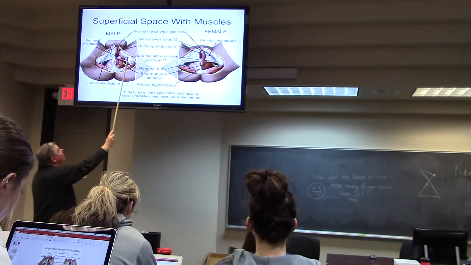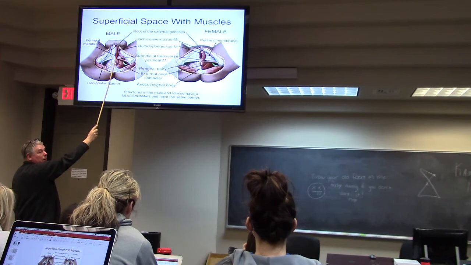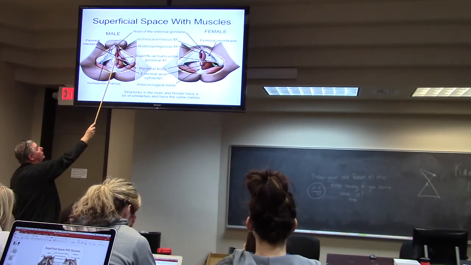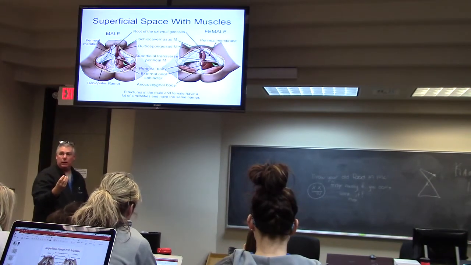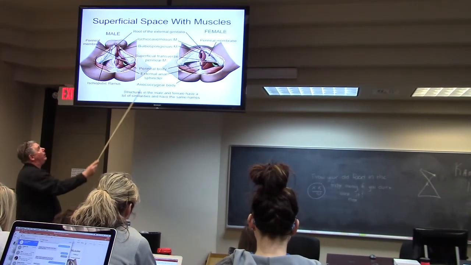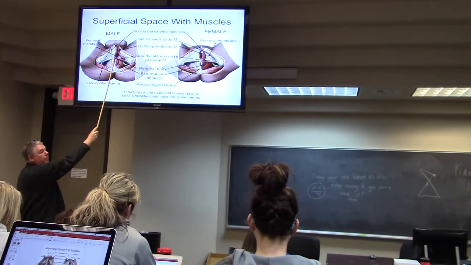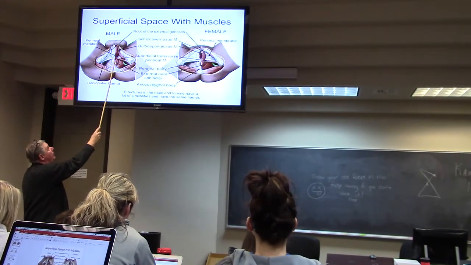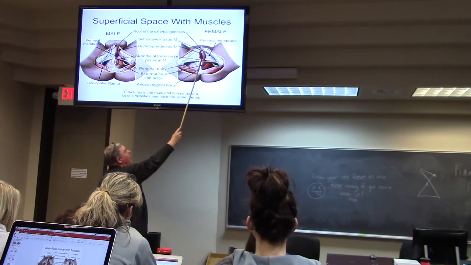Over here, the ischiocavernosus muscle, the bulbospongiosus muscle. The bulbospongiosus muscle wraps around the bulb of the penis. So there's one more muscle there that we need to talk about. Here's the perineal body. I said it was between the penis and the anus, or between the vaginal opening and the anus.